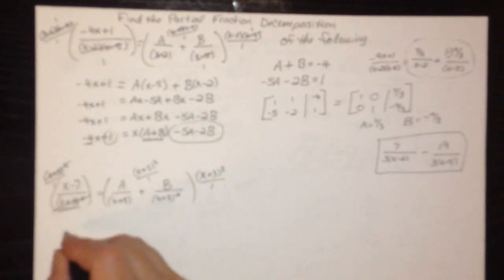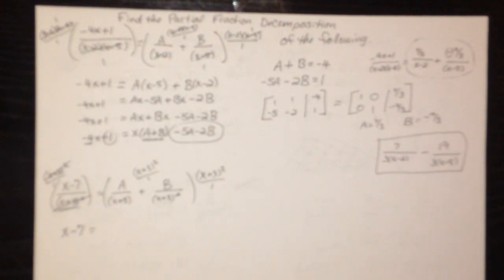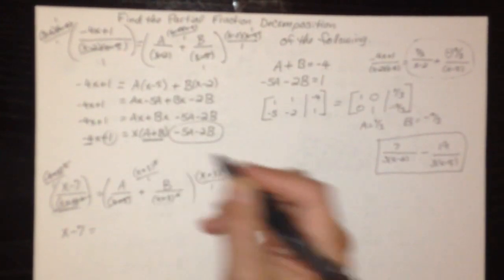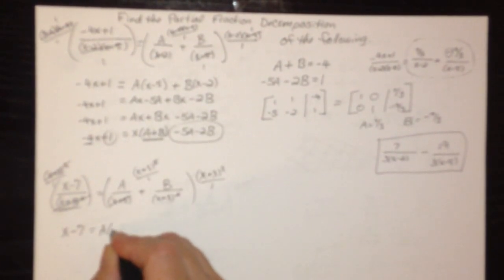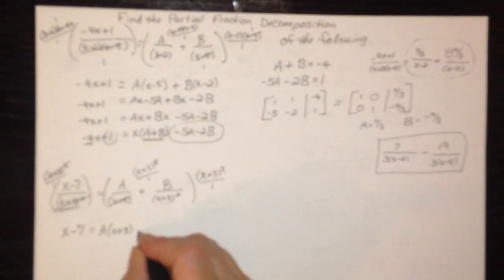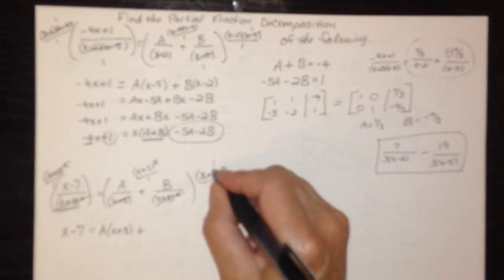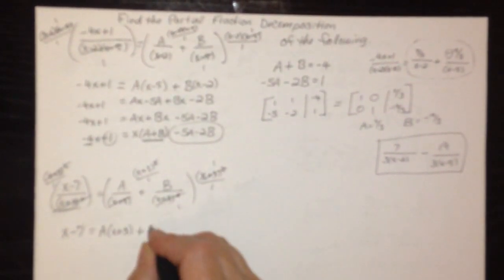These will cancel. I'm left with x minus 7. On the right-hand side, A over x plus 3 times x plus 3 squared over 1. One of these factors will cancel, leaving me with A times x plus 3. Plus B over x plus 3 squared times x plus 3 squared over 1. X plus 3 squared will divide into x plus 3 squared, leaving me with just B.